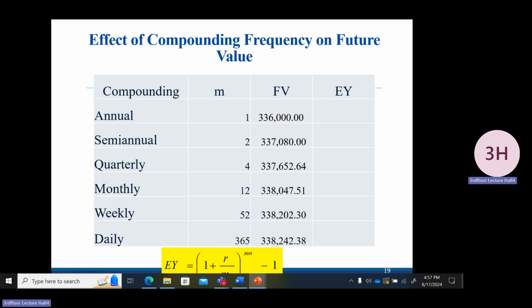So calculate for the other frequencies quickly.